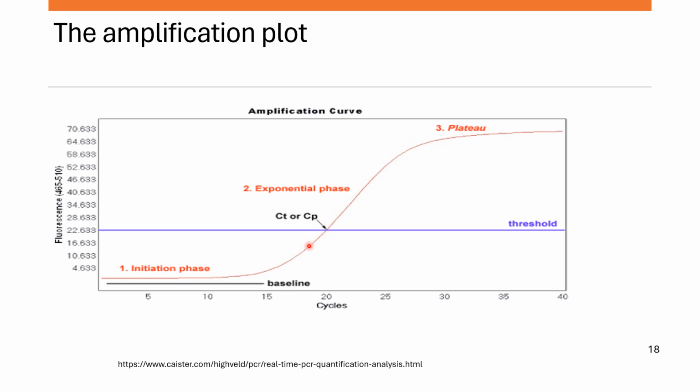Next, the exponential phase. Once the amount of PCR product is amplified enough, it will enter the exponential phase. This is when the amount of PCR product doubles every PCR cycle. This can be seen in cycles 15 to 25 in this figure.